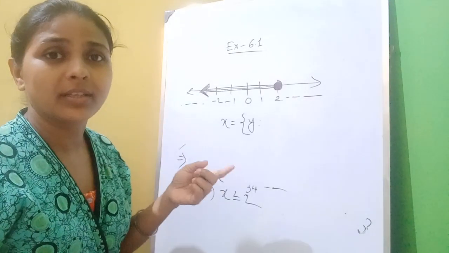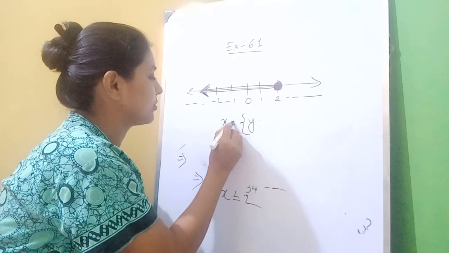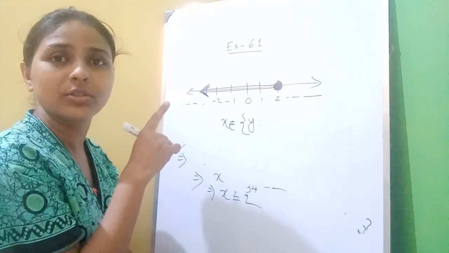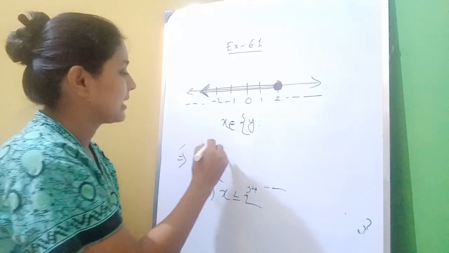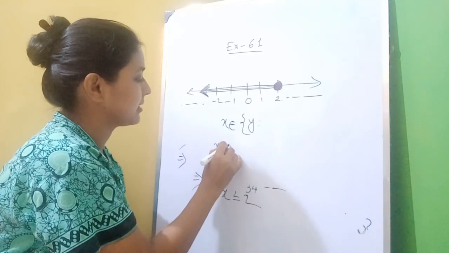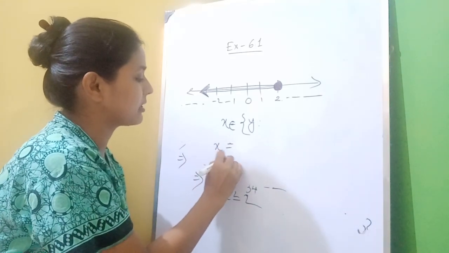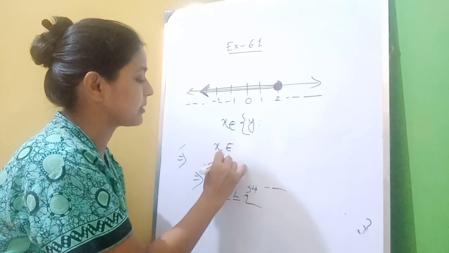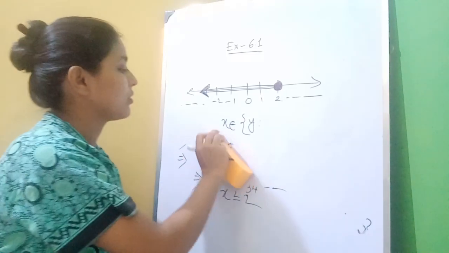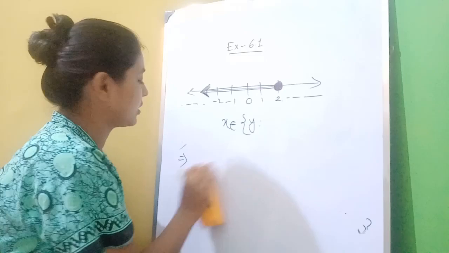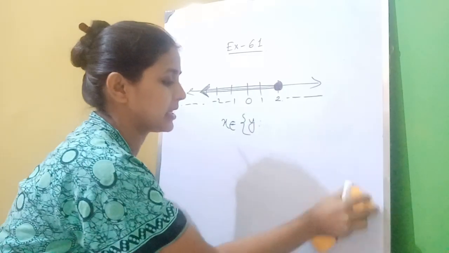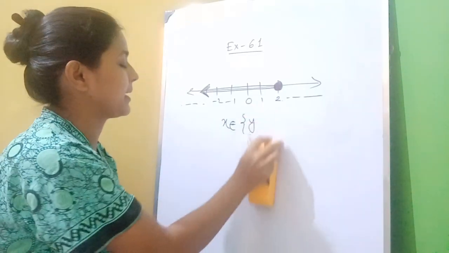Okay, sorry, one thing I forgot to write. Before I wrote x equals to, but that will be x belongs to. I wrote it wrong by mistake, so please rectify it.